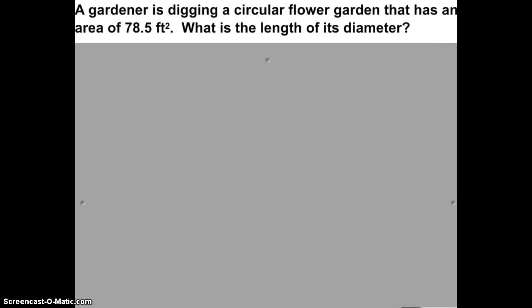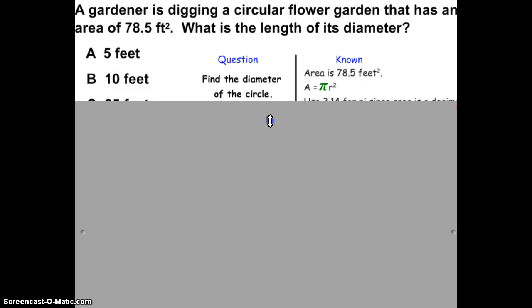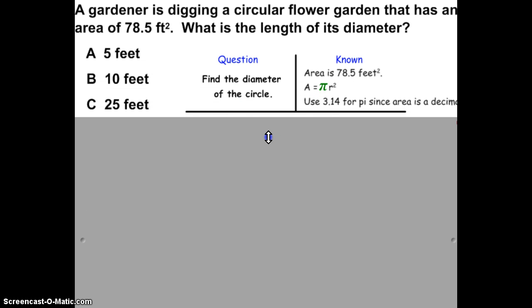A gardener's digging a circular flower garden that has an area of 78.5 feet squared. What is the length of its diameter? The question asks us to find the diameter of the circle. We know the area. We know the area formula. And we're going to use 3.14 for pi since the area has a decimal.